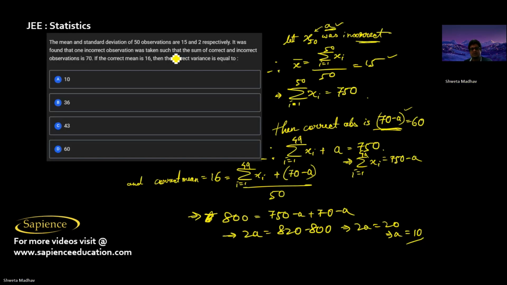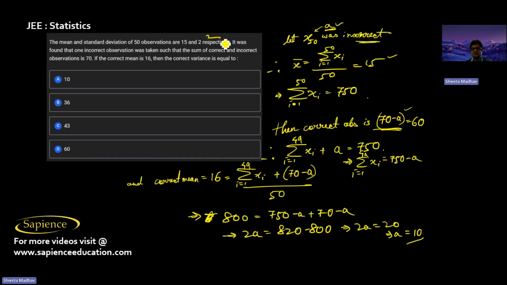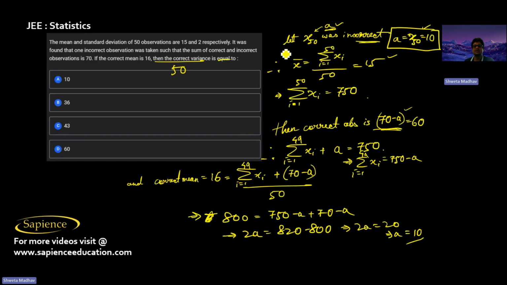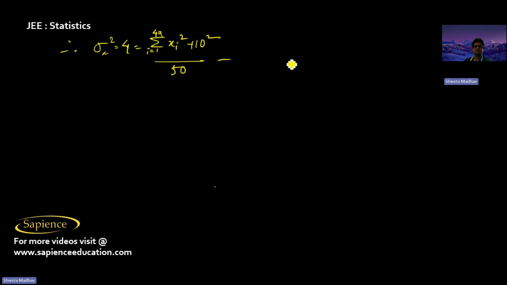So the incorrect variance sigma x square, that is equal to 4, is equal to summation xi square, i goes from 1 to 49, plus A square, where A is 10, the 50th observation, so 10 square, divided by 50, minus the incorrect mean, that is 15 square.